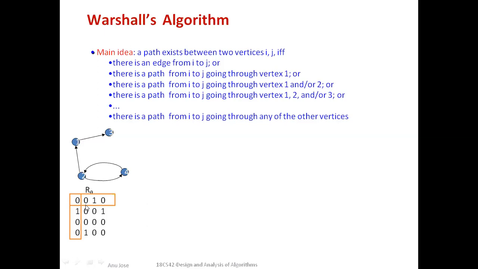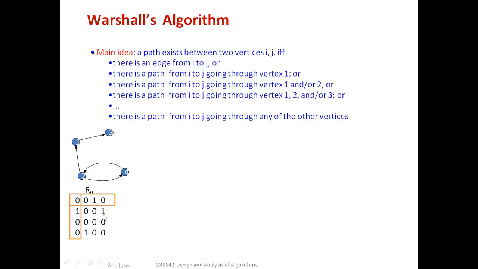You should see the selected row and column entries, and its AND result will be 0 or 1. Both should be 1 for the result to be 1. So checking 1 and 0, the result will be 0. Then checking 1 and 1, this will change to 1.